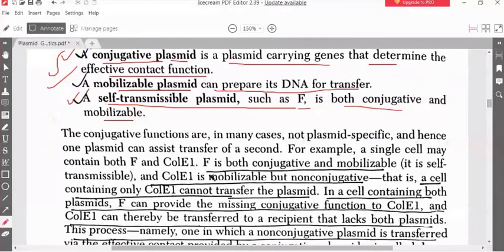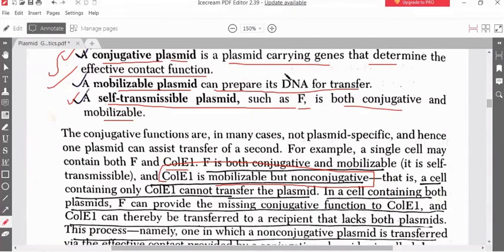But we are taking another example that is called COL-E1. COL-E1 is mobilizable but non-conjugative. This is a very vital line. Mobilizable means they have the TRA origin, but they cannot make the pili. So they have to wait for someone.